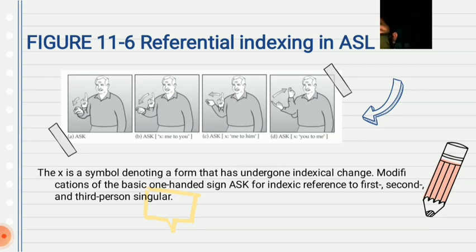The X is a symbol denoting a verb that has undergone indexical change, modifications of the basic one-handed sign ASK for indexing, reference to first, second, and third person singular.